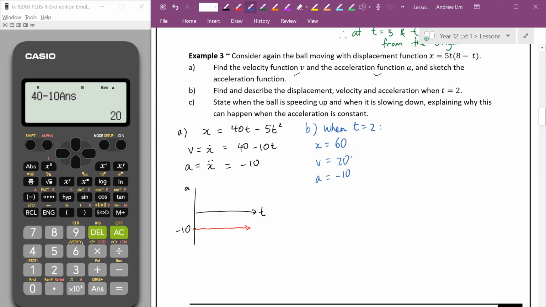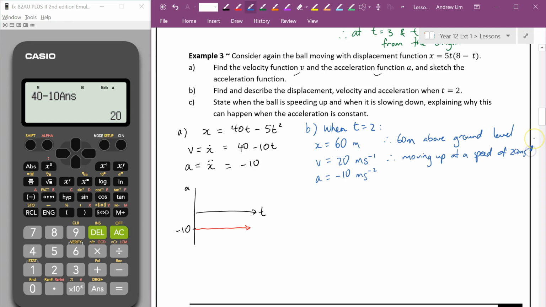Okay, so what does this mean? x is equal to 60, that's 60 meters. v is equal to 20, that's 20 meters per second. And acceleration is minus 10, so that's minus 10 meters per second squared. So it's 60 meters above ground level. It's moving up because it's positive, so it's a positive direction, moving up at a speed of 20 meters per second.